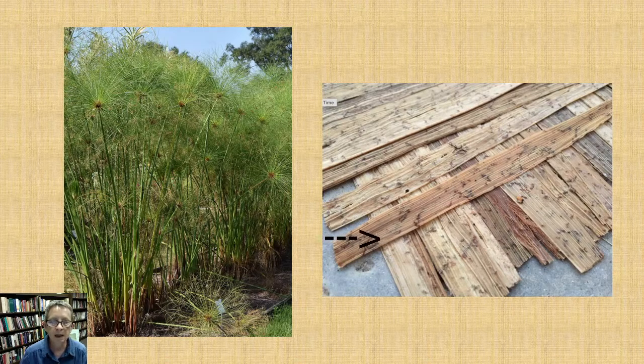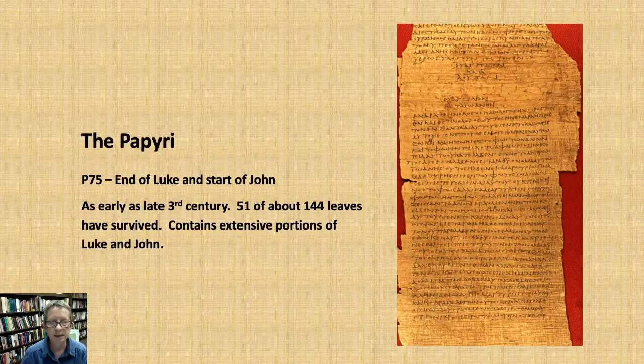They would cut down the middle. This looks like it's the fiber on the outside, but it isn't. It's the pithy fiber in the inside. They would shave these really thin and then lay them crossways and pound them. And there was material in the fiber itself that acted like a glue, and the two different directions would stick together. So after doing that, you would end up with something like this.